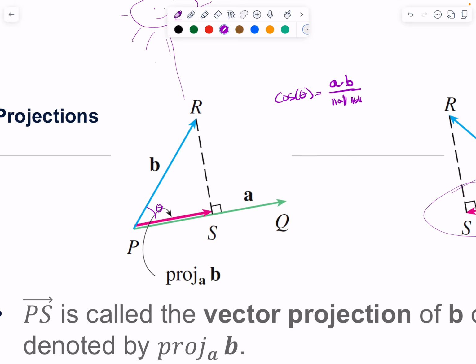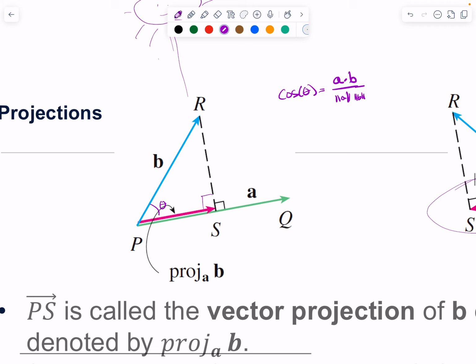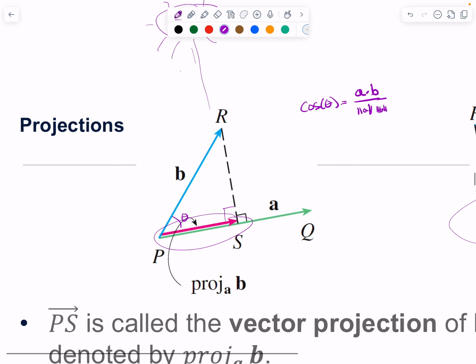And then, since this is a nice right triangle, the cosine of the angle will equal the magnitude of the projection over the magnitude of B.